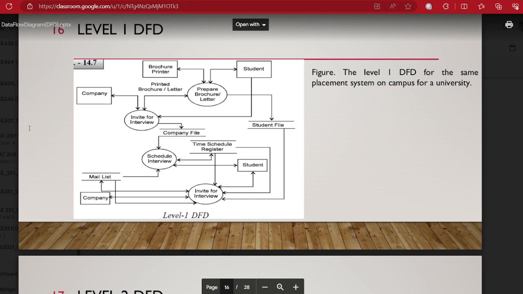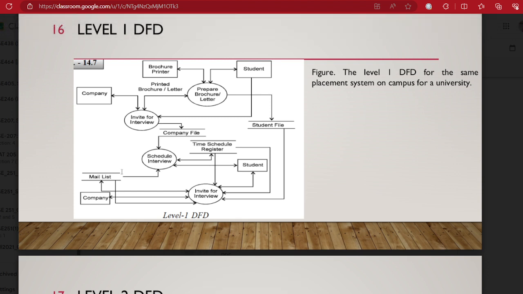So it's recommended that you present more entities, more data flows, and your data stores in your level 1 DFD. So that's what you need to remember. Okay, so if you can represent the abstraction in that way, you will present the bigger picture or wider picture of your system as usual.